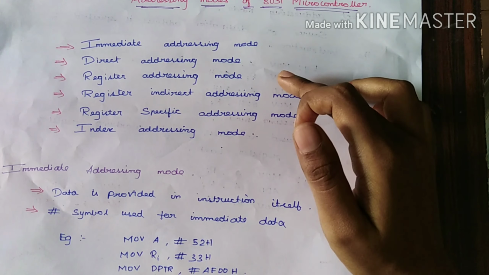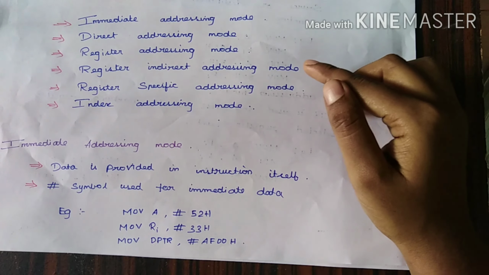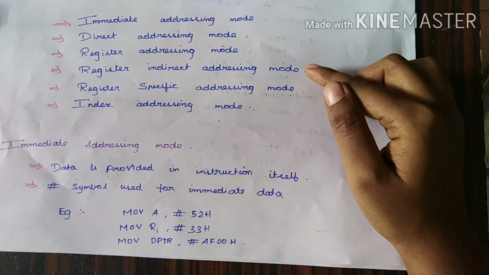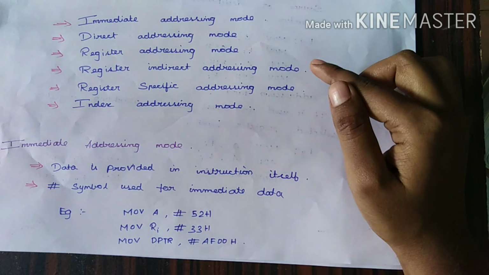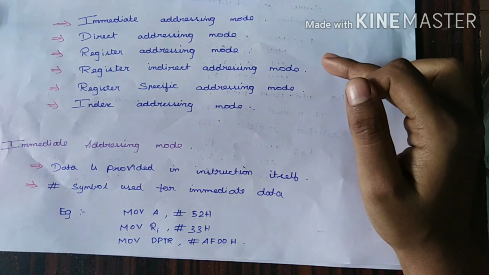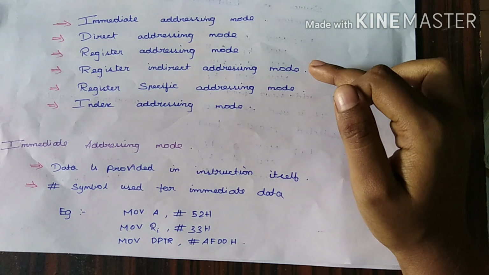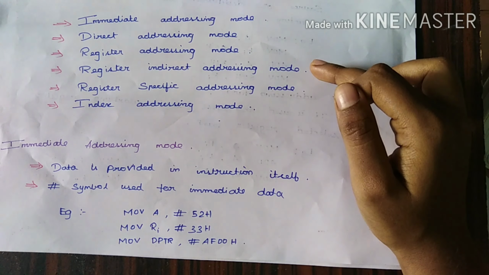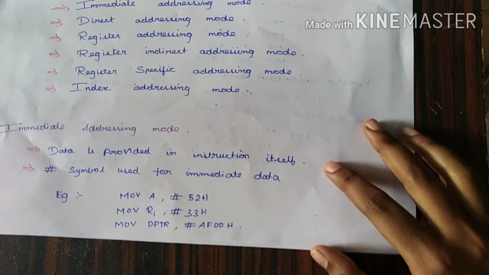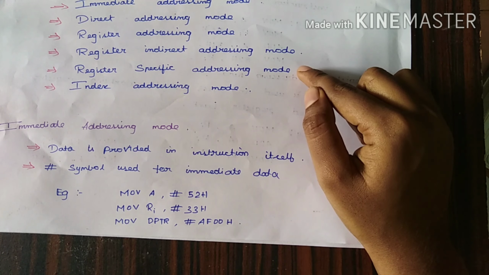And the next one is register indirect addressing mode. In this, the registers contain the address, the data in that address will be moved to the accumulator, or we can use that in other executions. Register specific addressing mode.